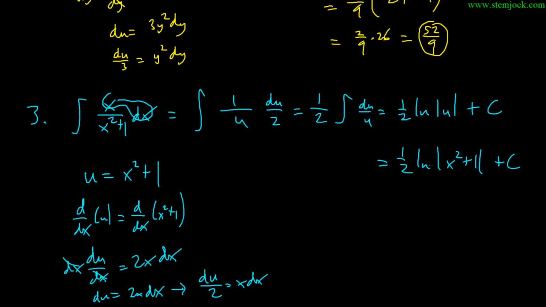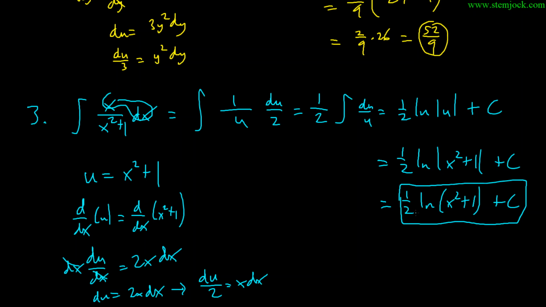The domain of the natural logarithm only allows for positive numbers, so that's why I have an absolute value here. But x squared plus 1 is always positive because x squared is always positive. So I can drop the absolute value sign. So we can write it as 1/2 ln(x squared plus 1) plus c. And this here is our final answer.